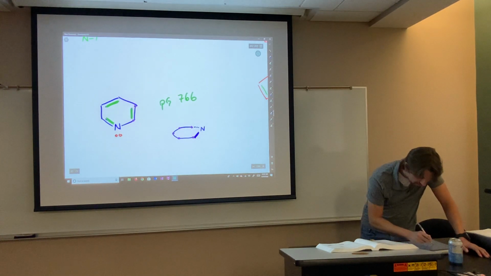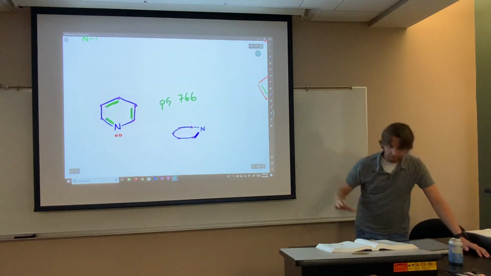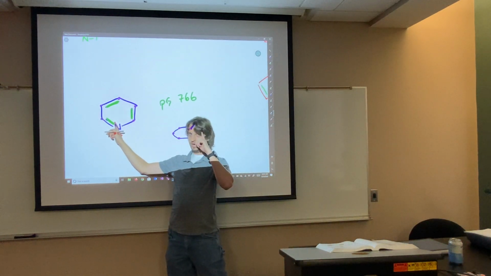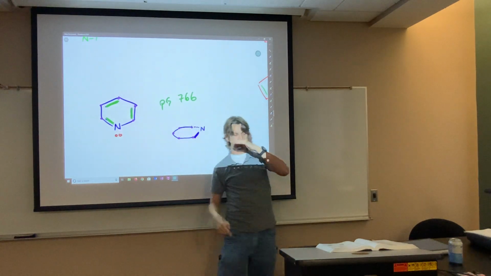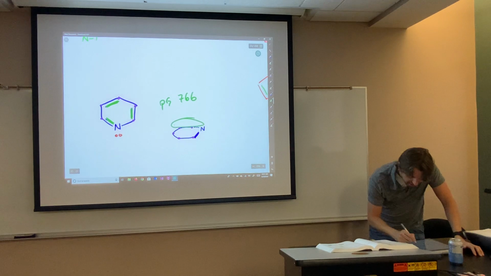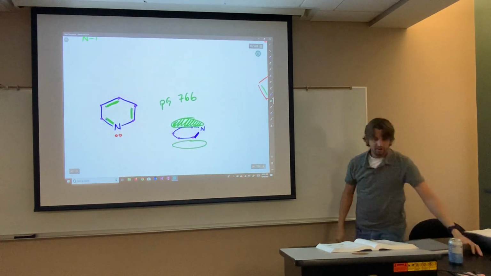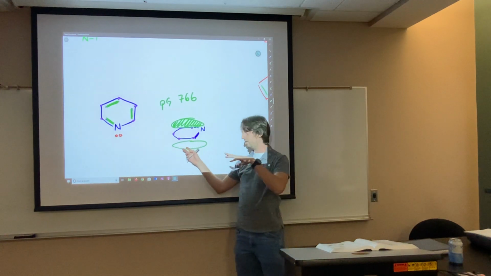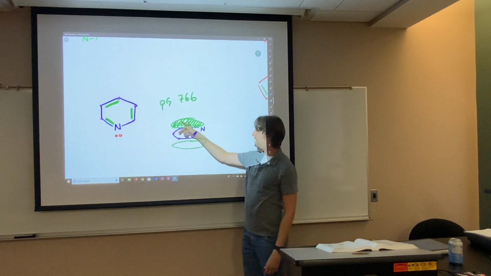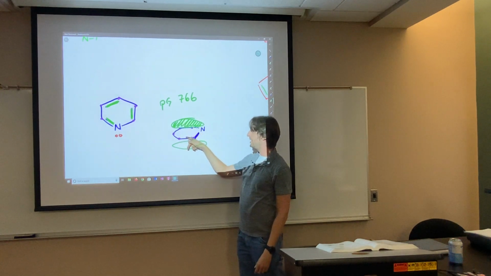I'm looking at this from the side. These are my pi bonds. They're sitting above and below the plane, okay? So imagine there's a cloud of p orbitals sitting above here, and there's the corresponding secondary lobe. So we make the sandwich of pi electrons here.